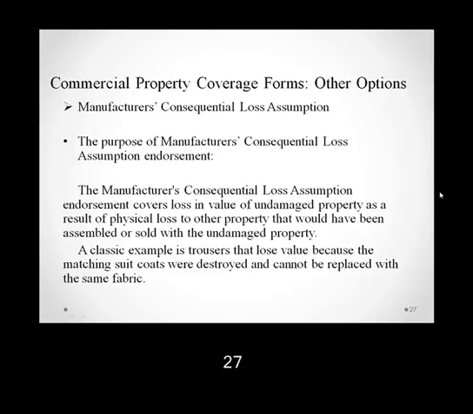For example, if the jackets got ruined while you were shipping from one location to the other, even though the pants were not ruined, they cannot be sold because your suit comes as a pair, and that's why the manufacturer will have consequential loss. So that is defined as the loss in value of those undamaged property as a result of physical loss to other properties.